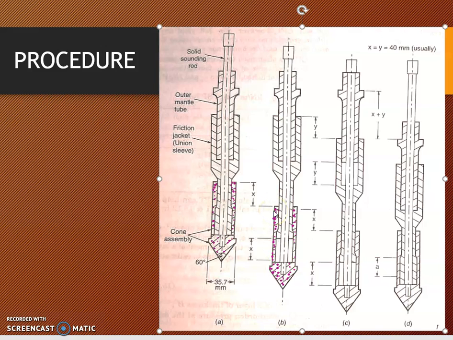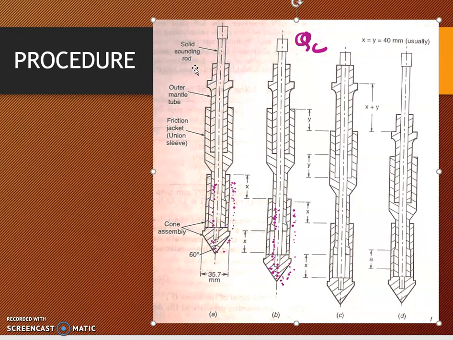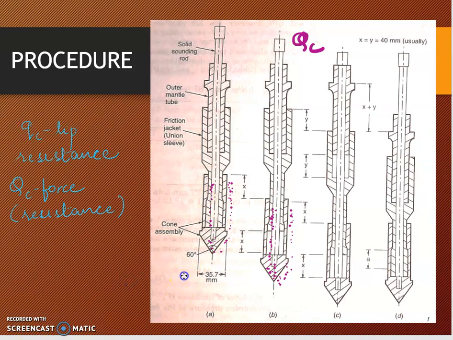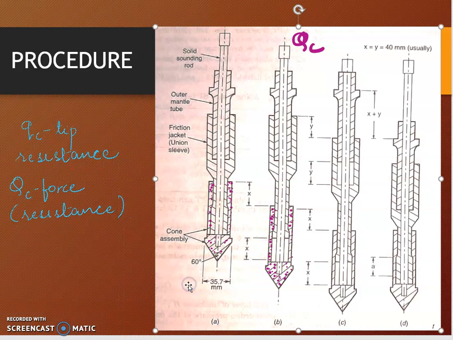The force, that is resistance capital QC, gets recorded on a pressure gauge. The tip resistance is called qc, and capital QC is the force.